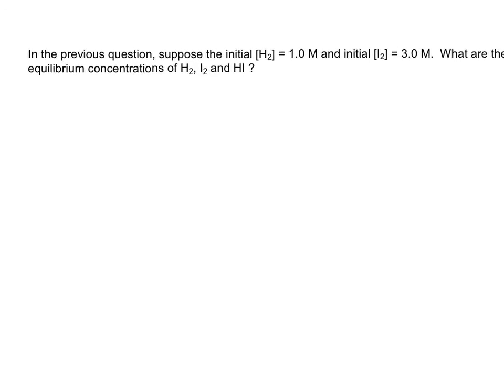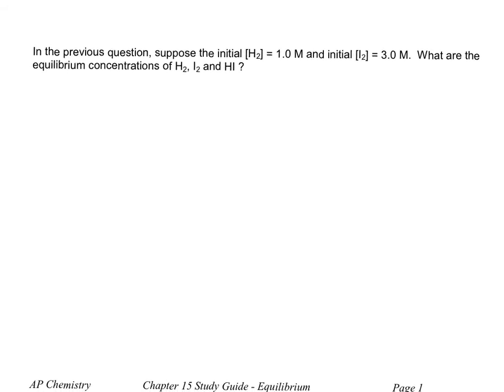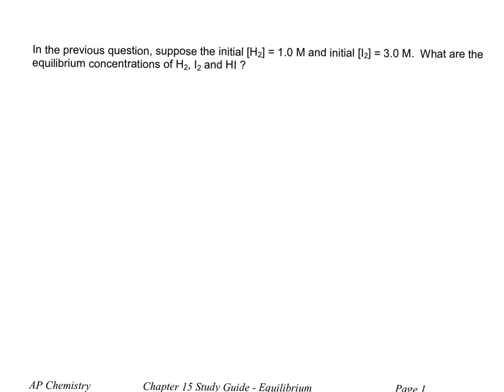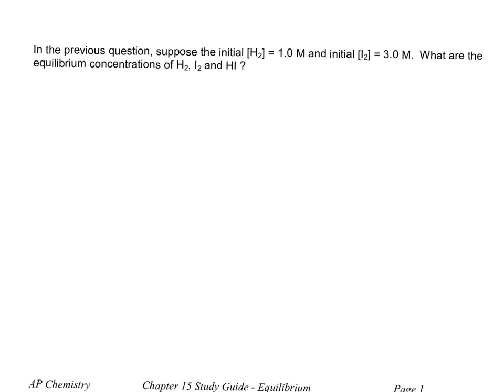The next one says, in the previous question, so we're still talking about H2 and I2 forming HI, suppose that the initial concentration of H2 is 1 molar and the initial concentration of I2 is 3 molar. So they are different concentrations. What are the equilibrium concentrations of, again, all species?